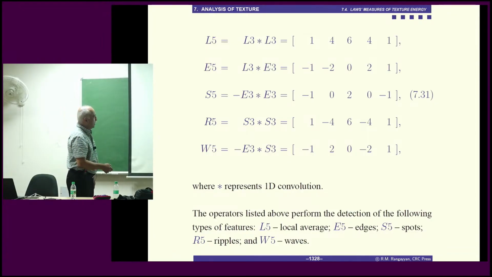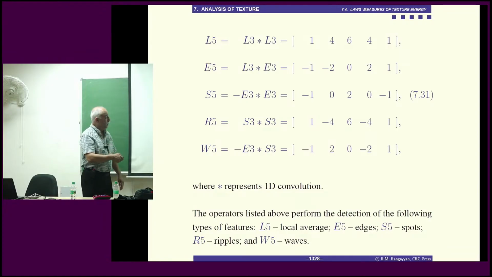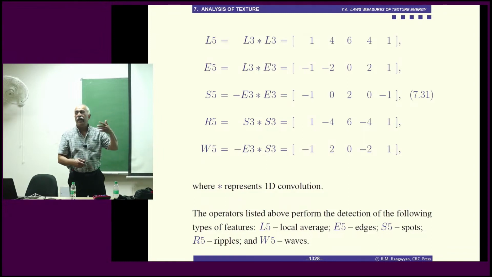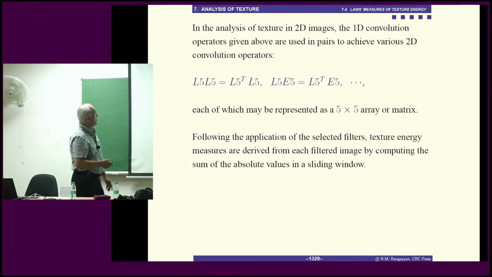So these were called local average, edges, spots, ripples, and waves. Detection of those patterns. So depending on what kind of patterns you have in the image, one of these, or the corresponding one of these, will give you a high energy in the output. And then they made 5 by 5 operators further, taking L5 transpose L5 or L5 transpose E5 and so on.